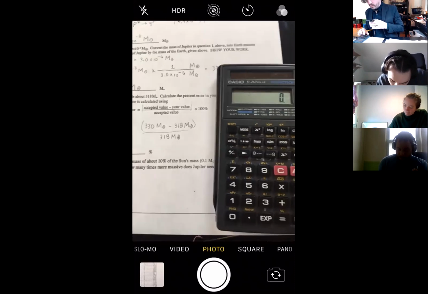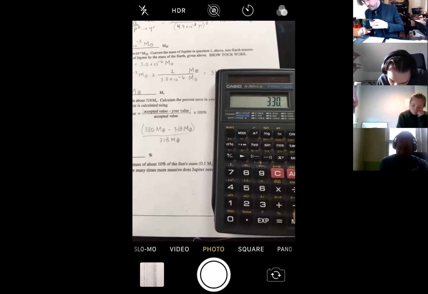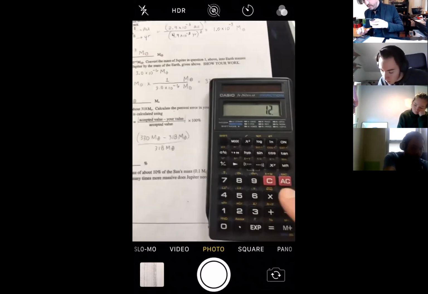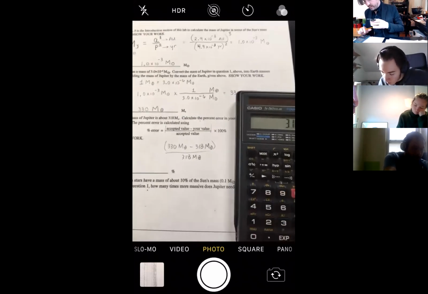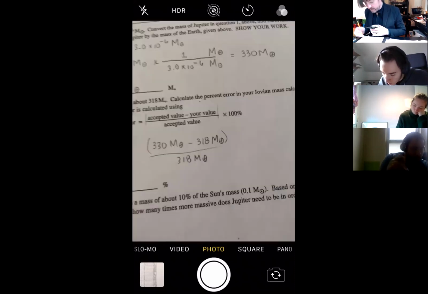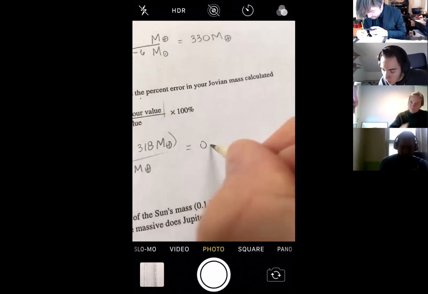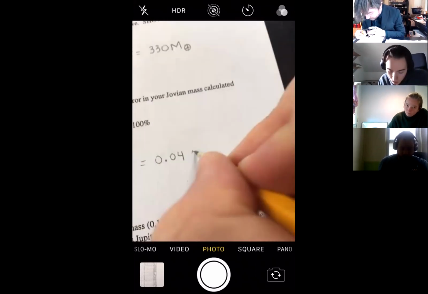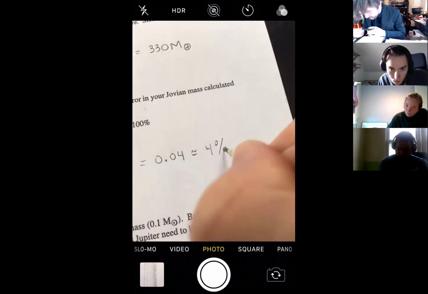So we'll do 330 minus 318 equals 12, divided by 318 equals 0.04. Or approximately 4% error.